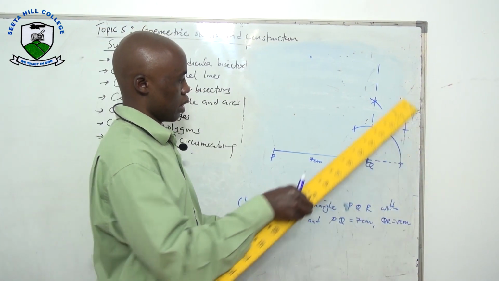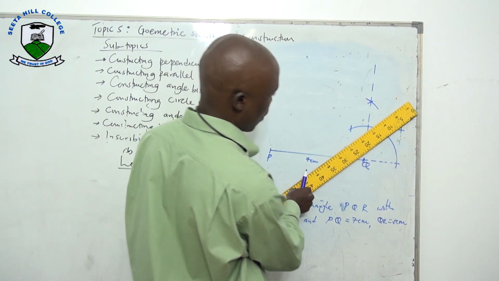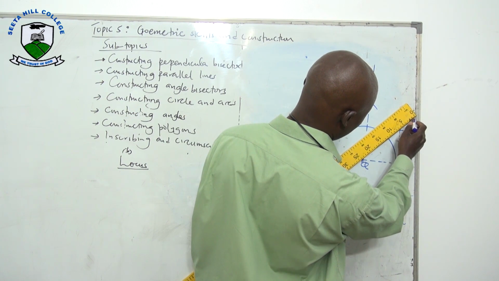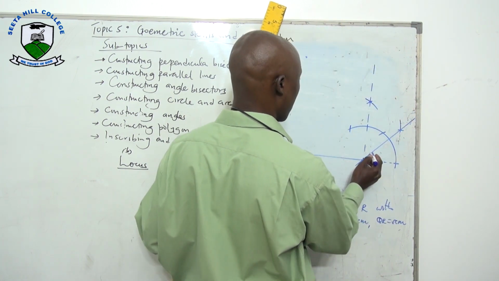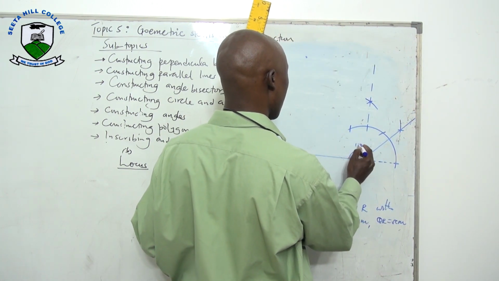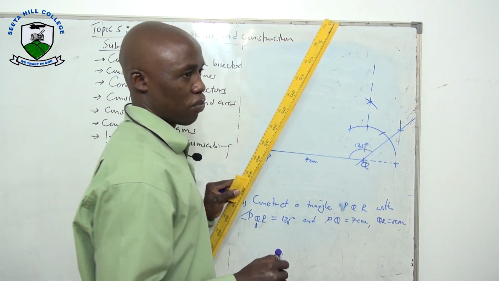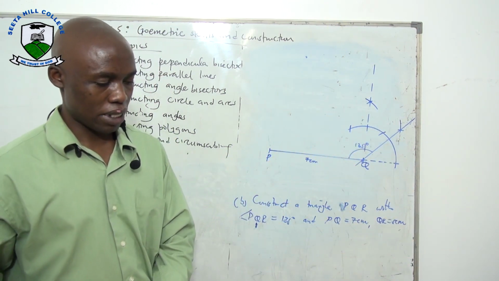Now you make here your 135. This is 45. Make it full because you need it. This is one. Now 135 is this way, not so? And you need to measure 5 centimeters.